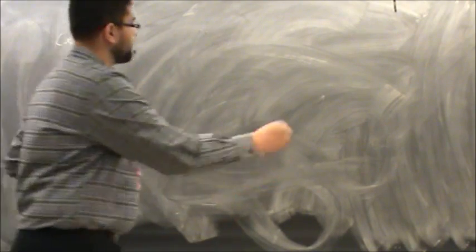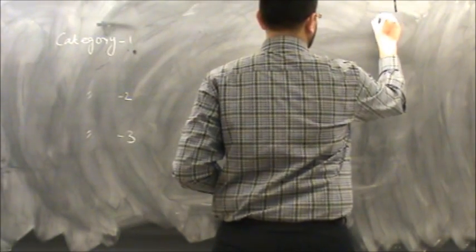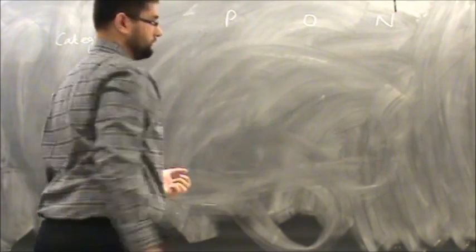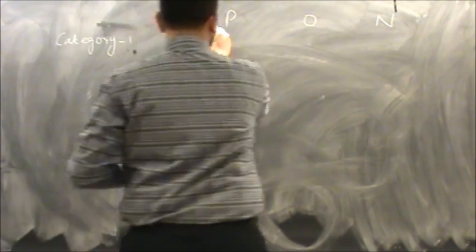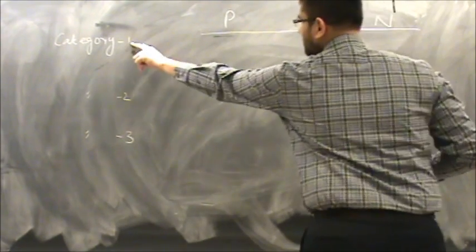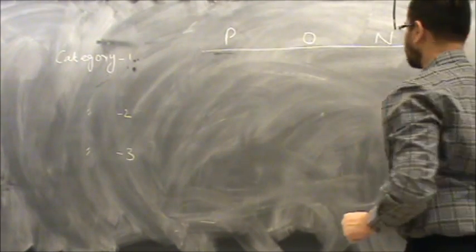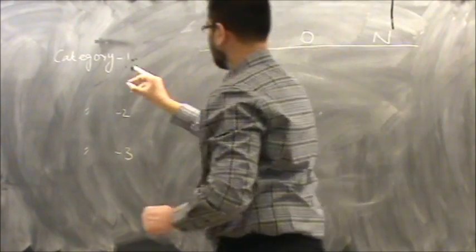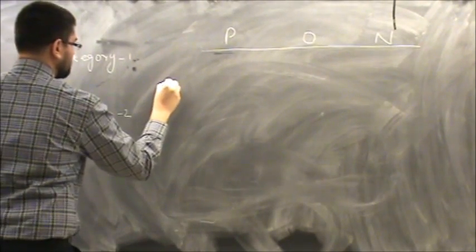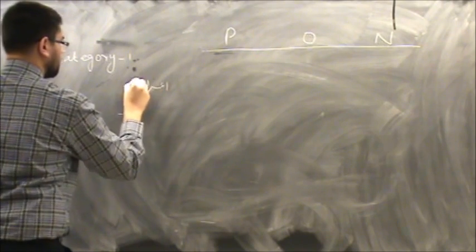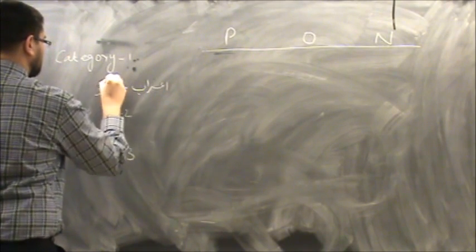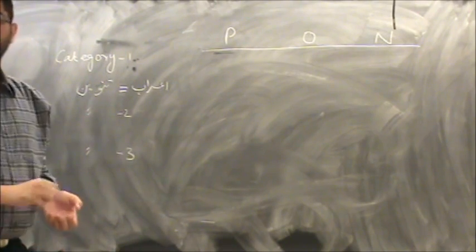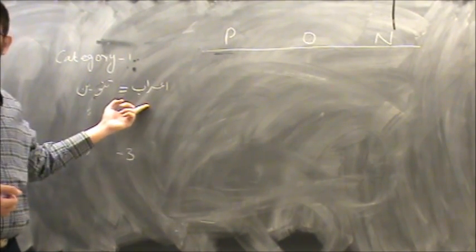What happens is that when you are in nominative, objective, and possessive, the identification is that this first category has tanween in its i'rab.